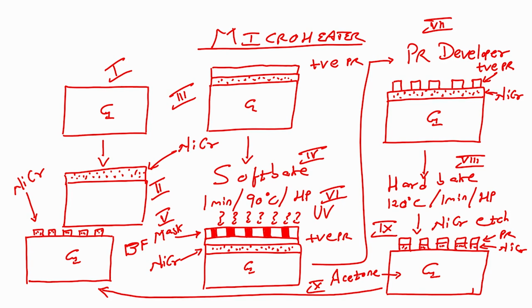When you dip this wafer in acetone, acetone will act as a stripper for the photoresist, and you will have a heater which is made up of nichrome. You understand? So, this is a process for fabricating a micro heater. What have you learned? You have learned the photolithography steps to fabricate a micro heater.